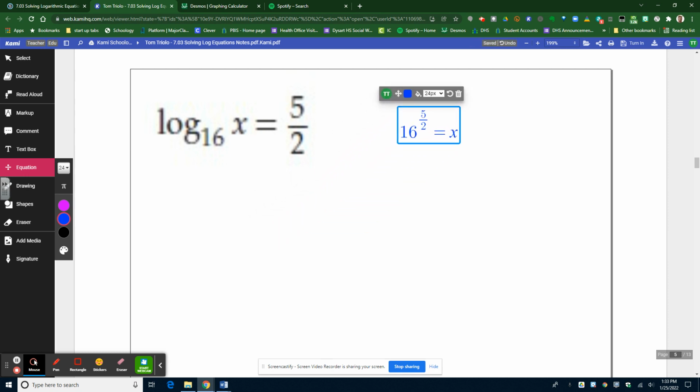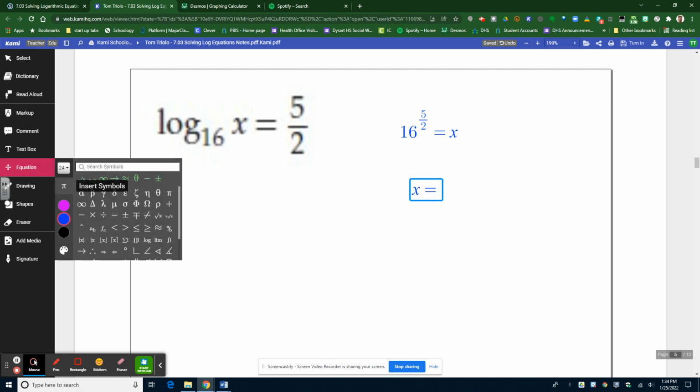Anytime I see a denominator, I need to think a radical. In this case, what's it going to be, Santiago? What's the radical I'm going to be using here? Square root. So x equals square root of 16. And then I take that whole thing, and I still got that fifth power there to the fifth power.